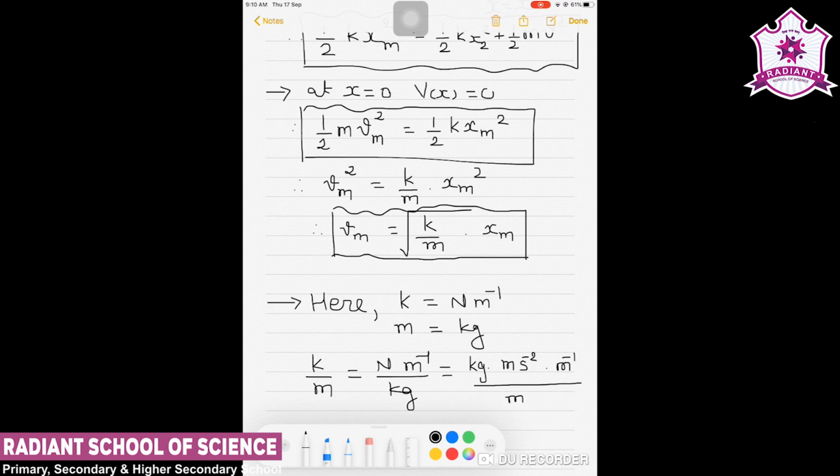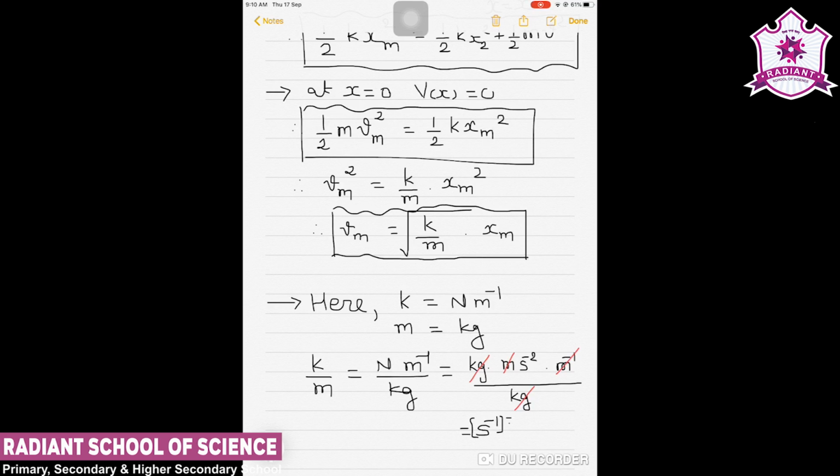Mass has unit kilogram. If we simplify this, kilogram cancels out and meter inverse cancels out, and ultimately it leaves second inverse squared. So the unit of k by m is second to the power minus 2.